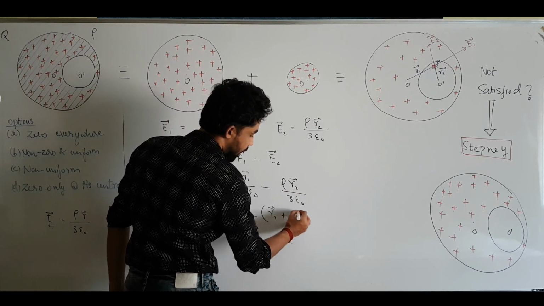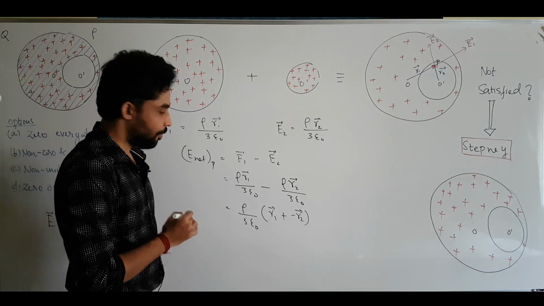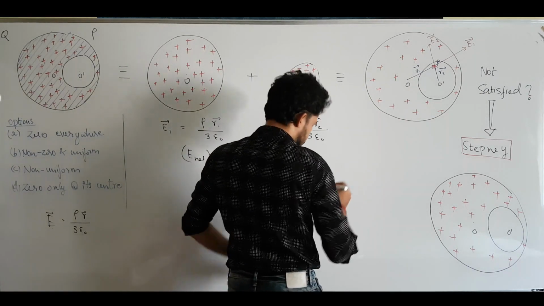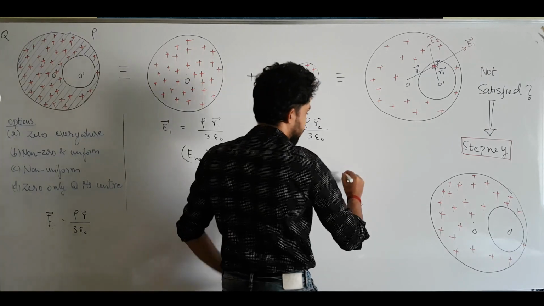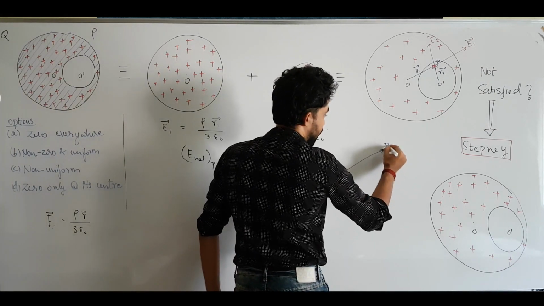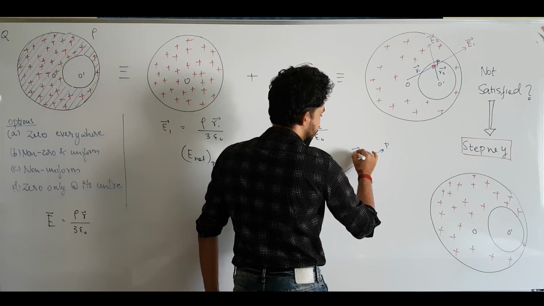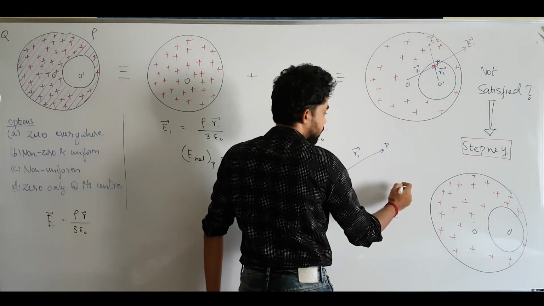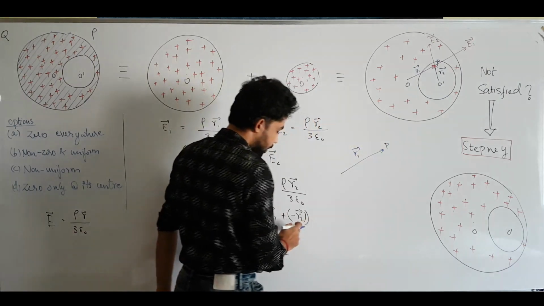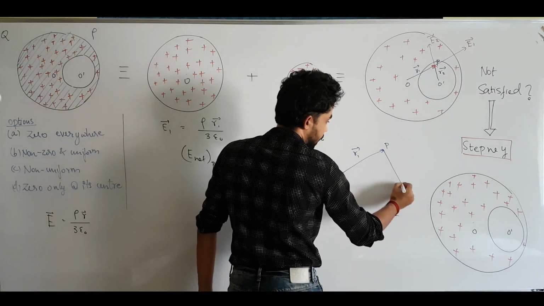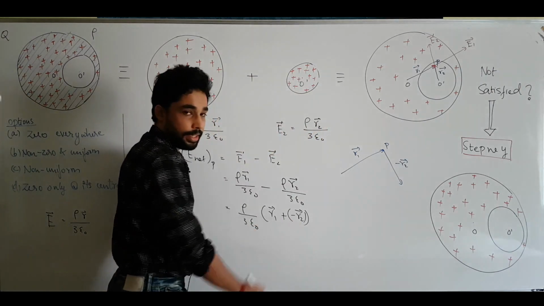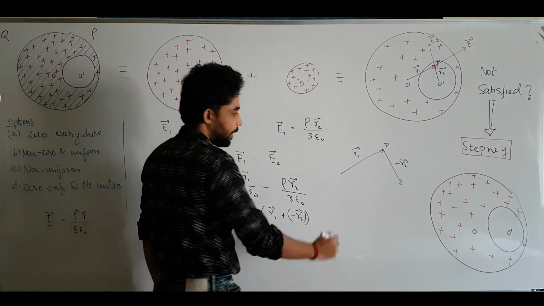plus minus r2 vector. Now you know what I did here: the r1 vector is in this direction at this point P, and I'm adding the r2 vector, which also is in this direction, but since it is minus r2 vector, this will be like this. And these vectors I am adding using vector addition.